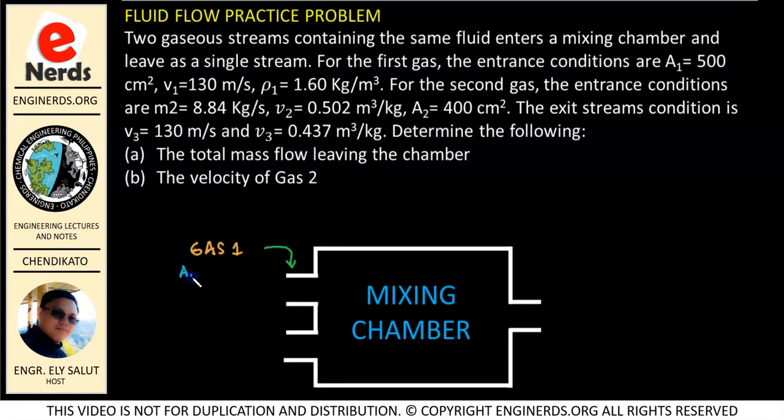Okay, so A1 is equal to 500 centimeter squared. Our velocity of the fluid, so this is V1, the velocity is equal to 130 meters per second. And the density of our gas in gas 1 is 1.6 kilogram per cubic meters. Okay?